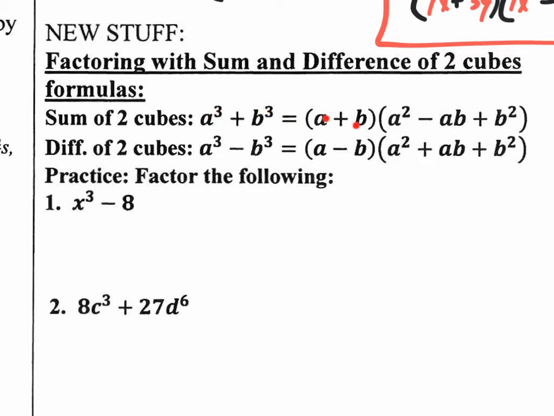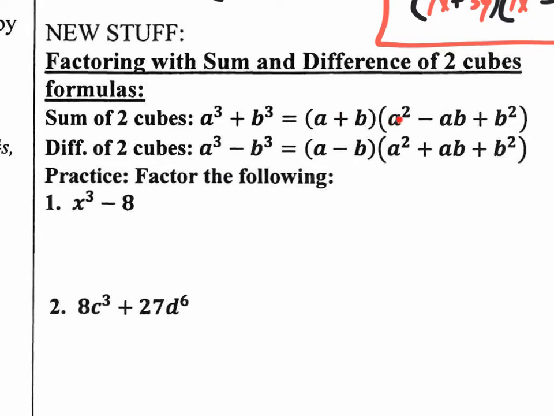Just a plus b right in there. Same thing down here. Look, it's a cubed minus b cubed on the difference of 2 cubes. The first binomial is simply going to be a minus b without the cubes. So again, sum or difference of 2 cubes, you're going to have a binomial times a trinomial, and that first binomial is going to be the same exact thing without the cubes. So you're not really memorizing anything right there.